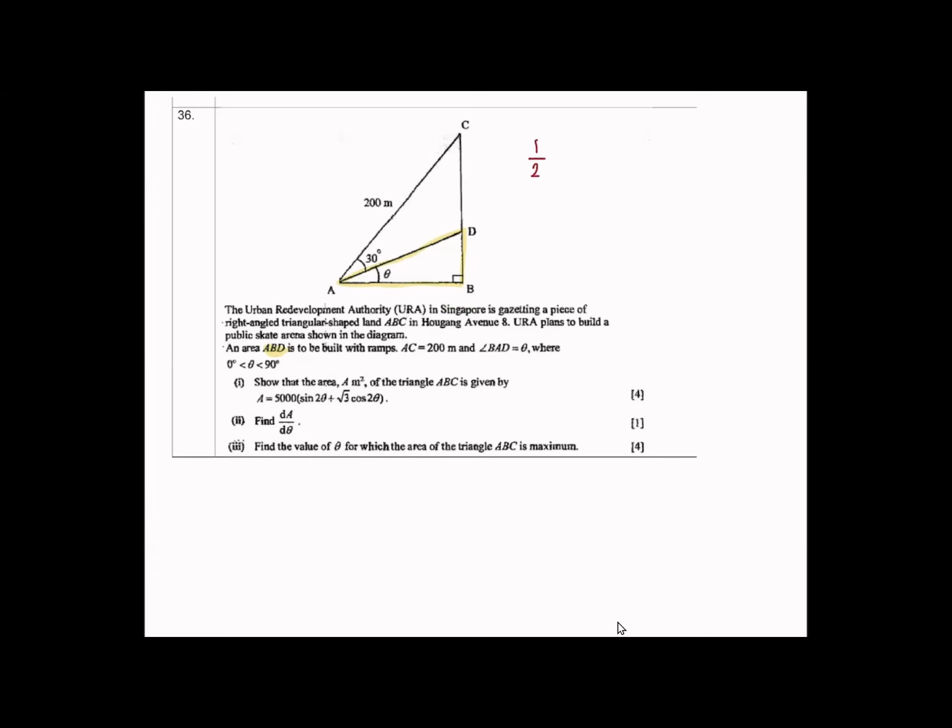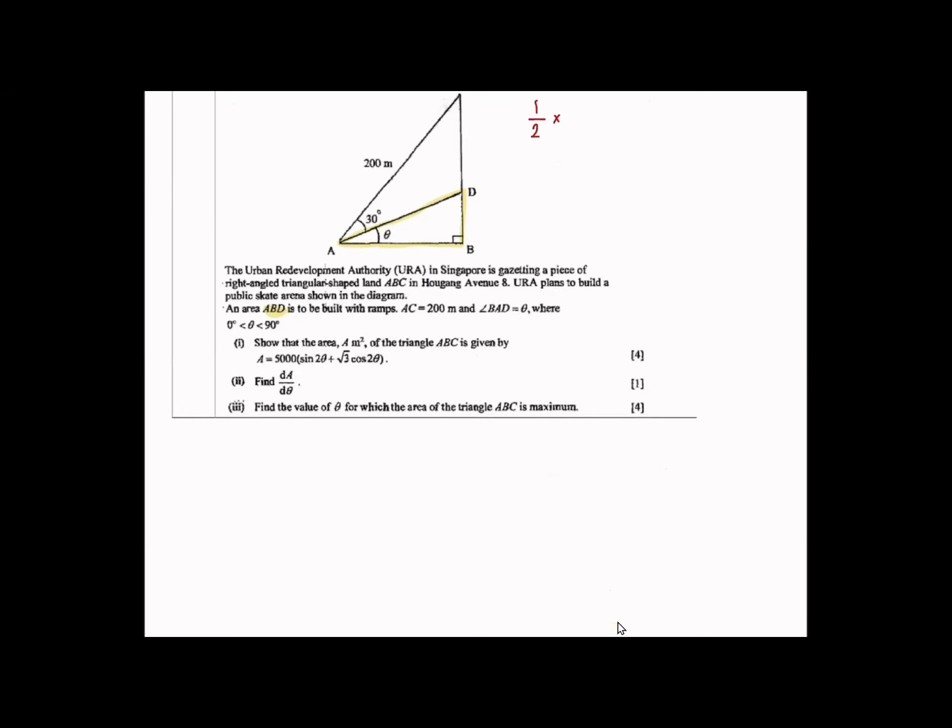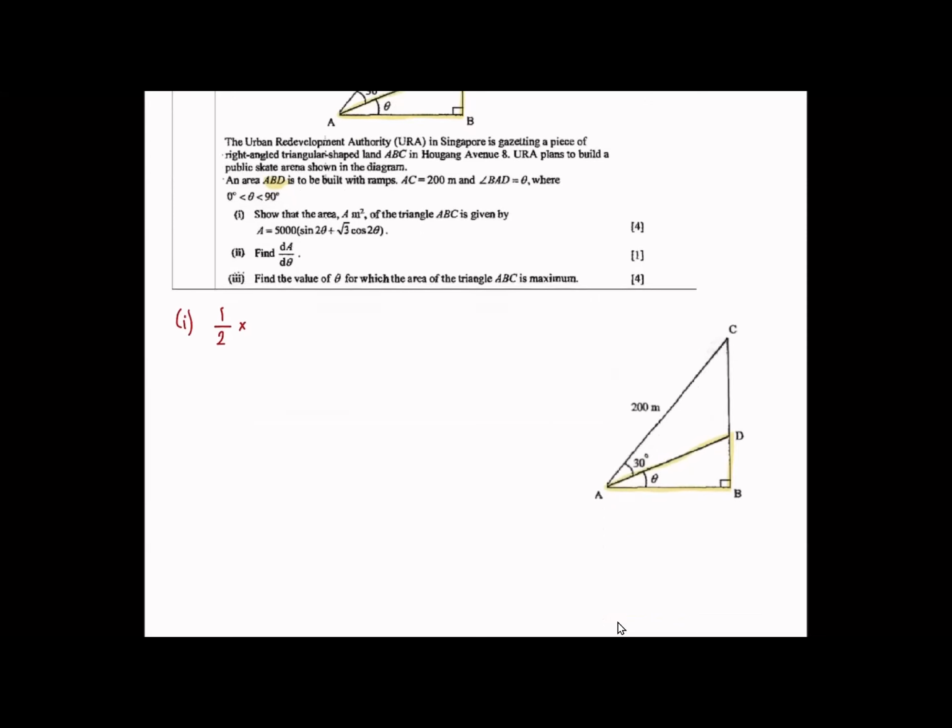Half times height times base. Oh, half times half times sine 30 plus half times sine theta plus 30.